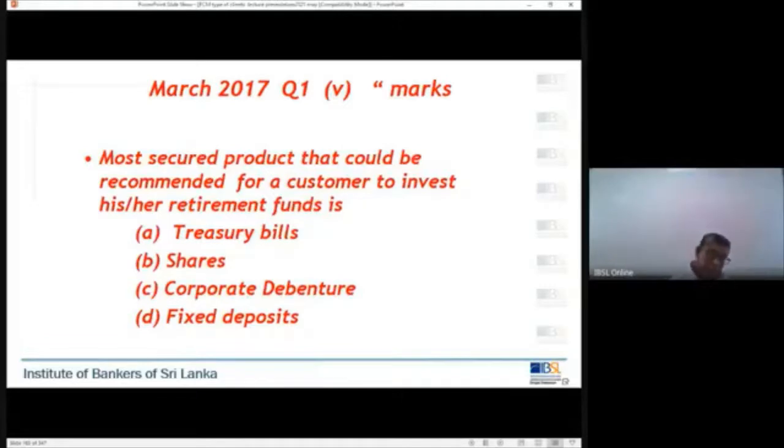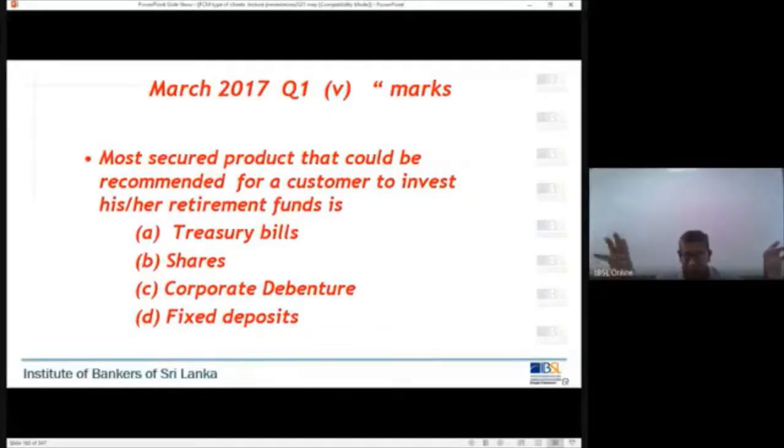The other factor is, who is going to invest this? What type of customer is going to invest? Whether it's a risk-averse customer or a risk-lover. Got the points? If any question is like that, you need to look at two aspects: the characteristics of the product, and the customer.